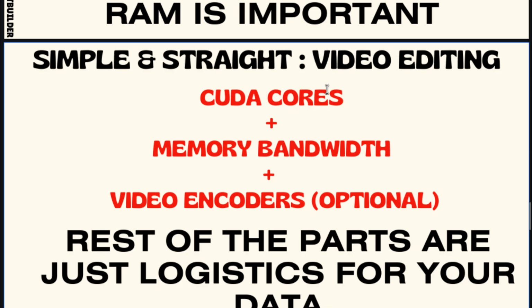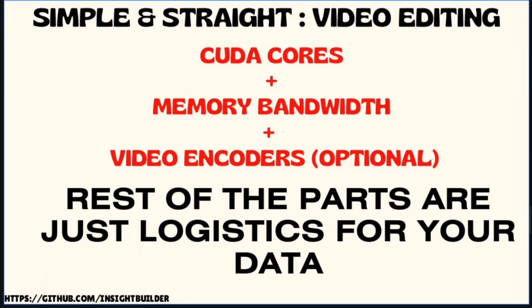When it comes to video editing, again, it's going to need CUDA cores, it's going to need memory bandwidth, and it's going to need video encoders. The rest of the parts are going to be for the logistics of your data. Here the CPU, okay, so there is this confusion. As I was doing the research, a couple of people were telling me that video editing does not use the GPU, it uses only the CPU. And there were a couple of other people who were telling me that no, the GPU is getting used.